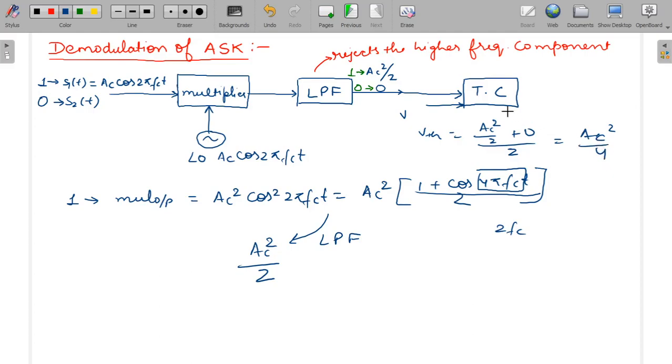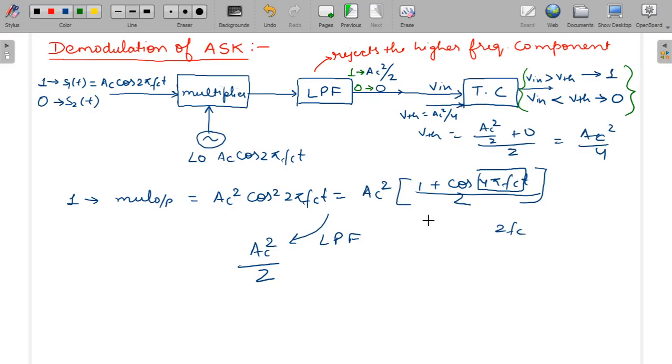Okay, so now this is our Vin and Vth is equal to Ac squared by 4. If Vin is greater than Vth, then bit 1 is the output. If Vin is less than Vth, then bit 0 is the output. So, understood how this demodulation process occurs at the demodulator end.